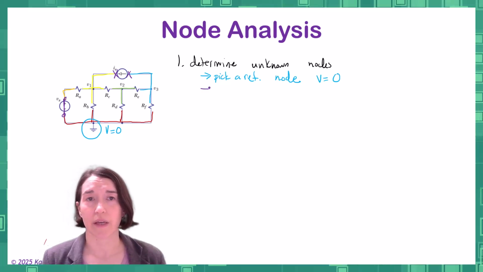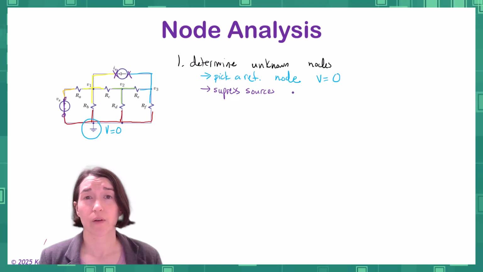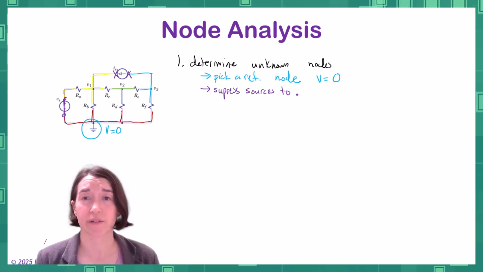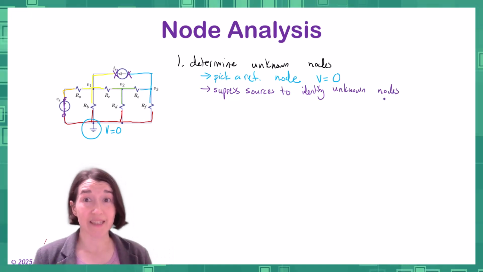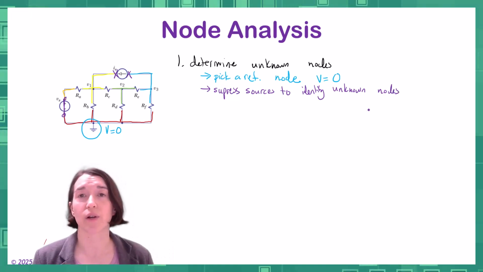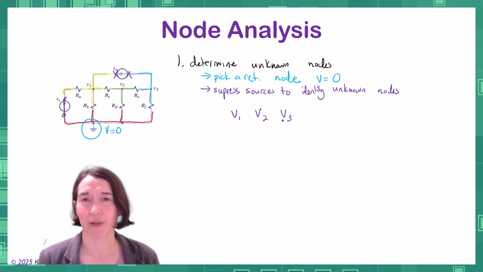So you can suppress sources to identify my unknown nodes. Okay, so in this case, we have 3 unknowns, which we call v1, v2, and v3.